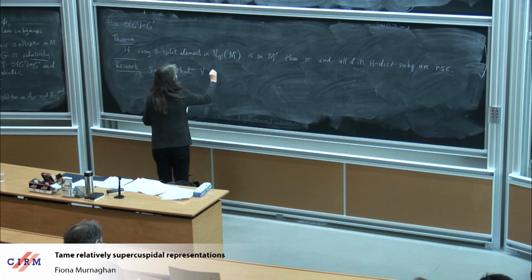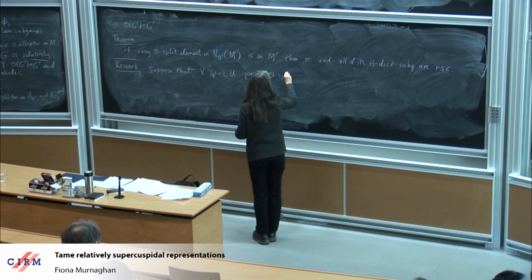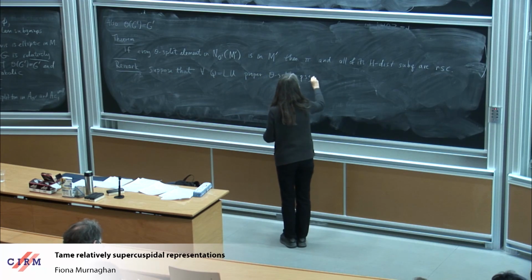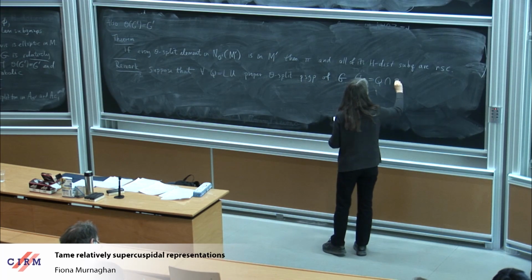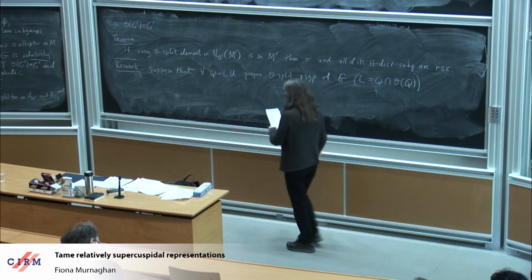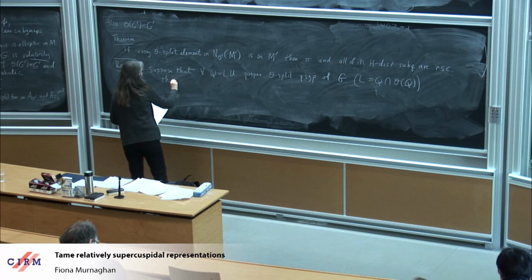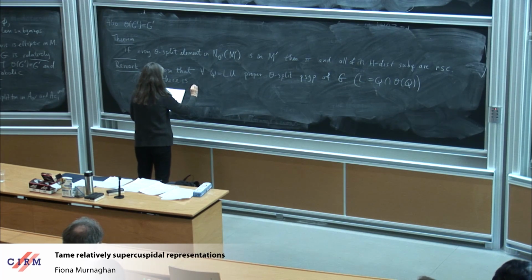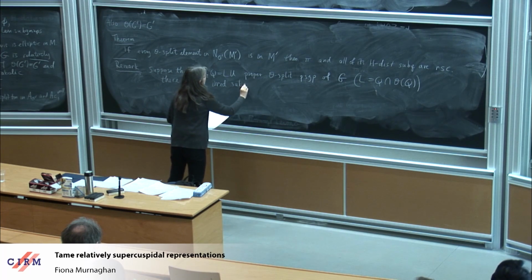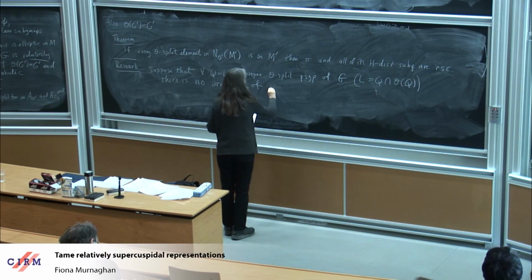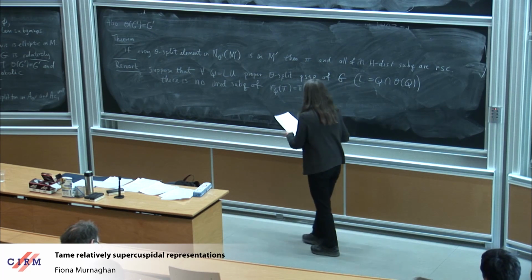For every proper theta split parabolic Q equals L U, where L is the natural torus of Levi here, there is no irreducible subquotient of the Jacquet module that is distinguished.